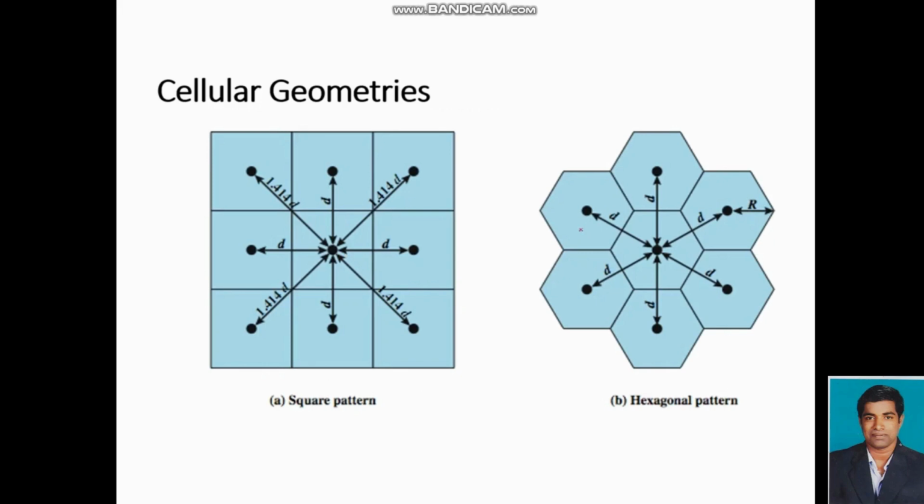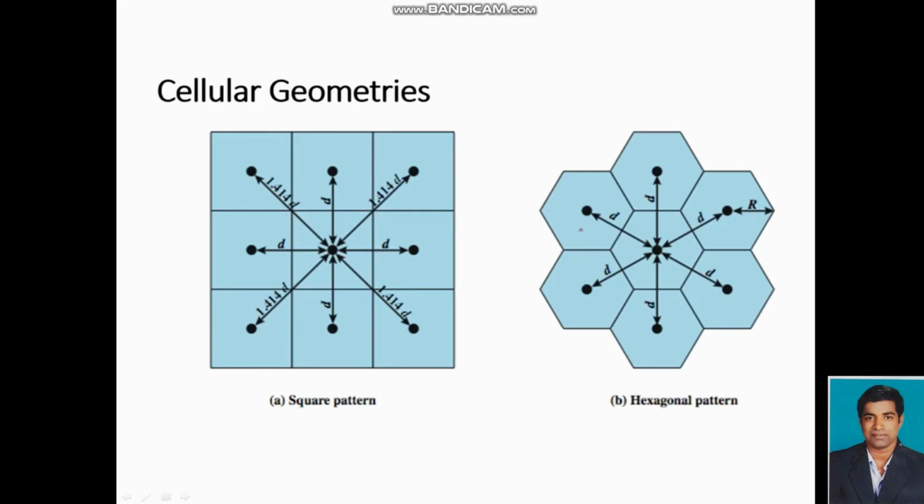In the cellular geometrics, when we are using a square pattern, in such cases, we are taking the distance between each cell's center to the adjacent cell center.